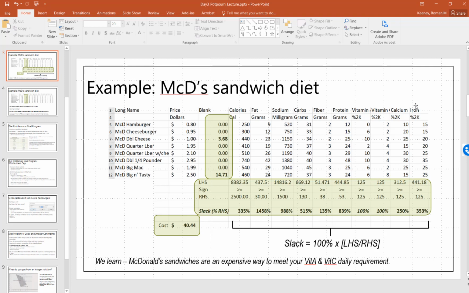The other thing to do is you could add something like a low-cost supplement.